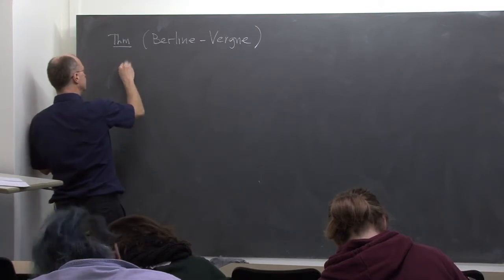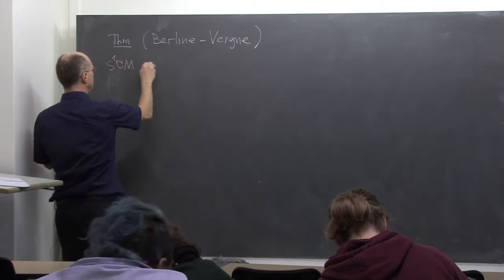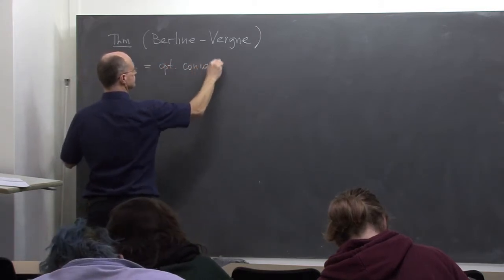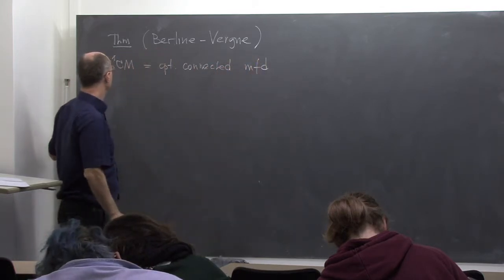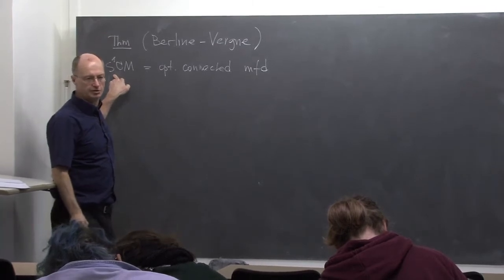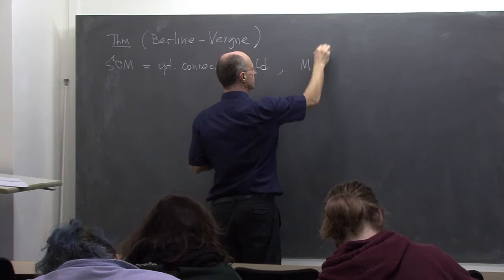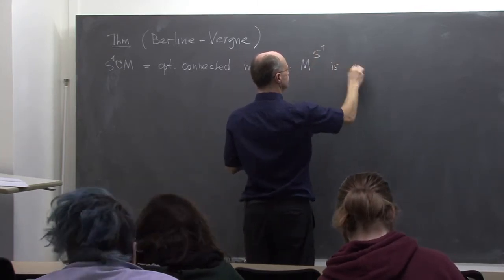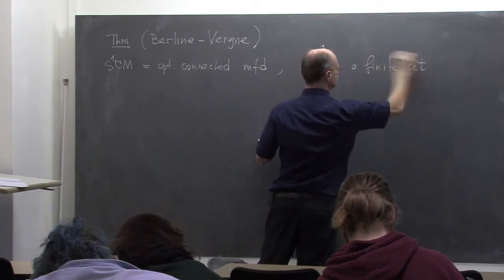Suppose that M is a compact connected manifold equipped with an S1 action. And let's assume that the fixed point set of the circle action is a finite set.